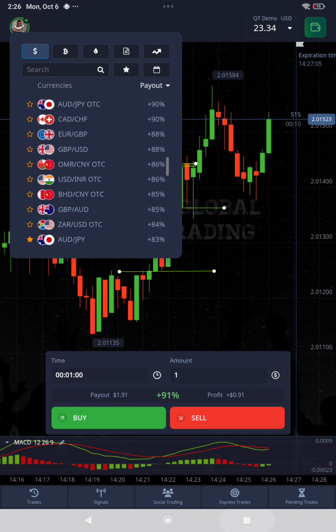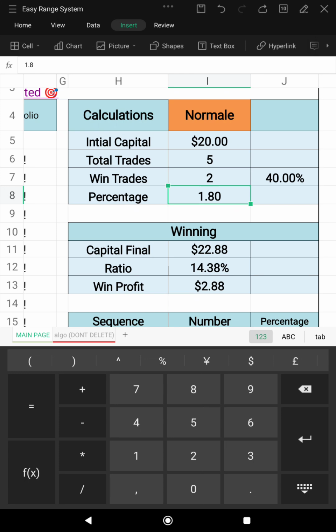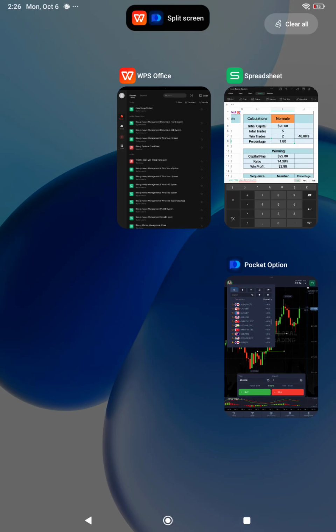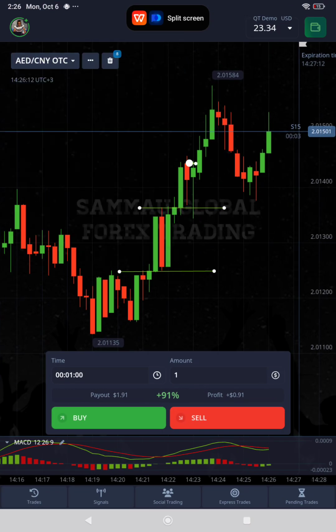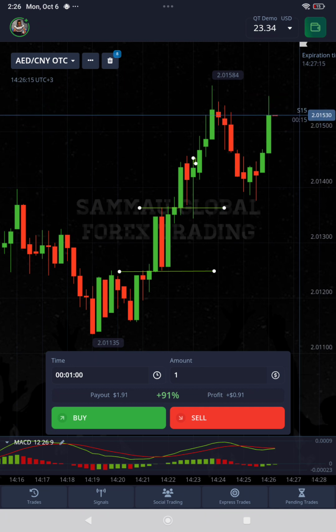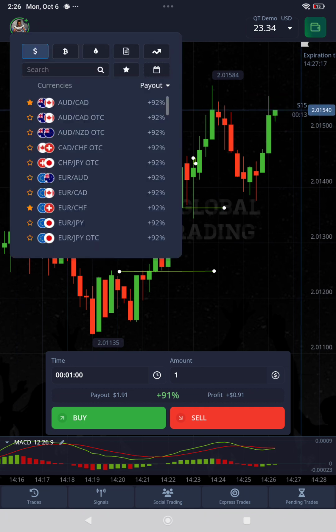That's why I'm saying do not change this 80, let it remain like that, because when you trade, sometimes it changes from 91, the one you saw when you came here to pick to trade.